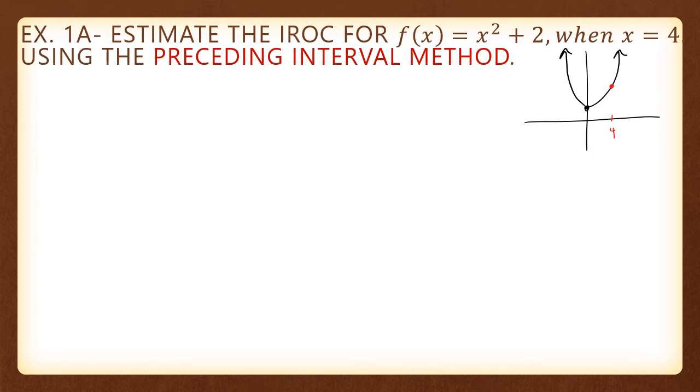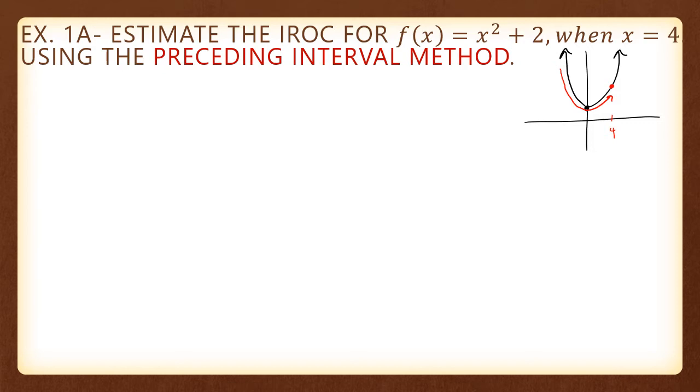That's my a value. I want to know what the instantaneous rate of change is at that point. Preceding means before. So we're going to approach it coming around that way and getting smaller and smaller. We already know that it should be positive, based off of which side of the parabola it's on.